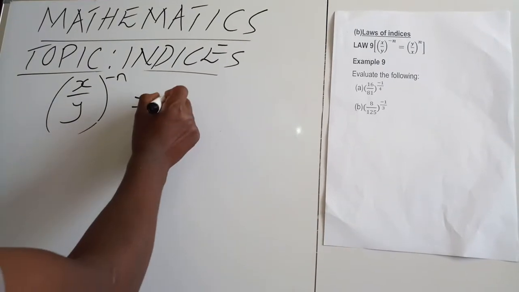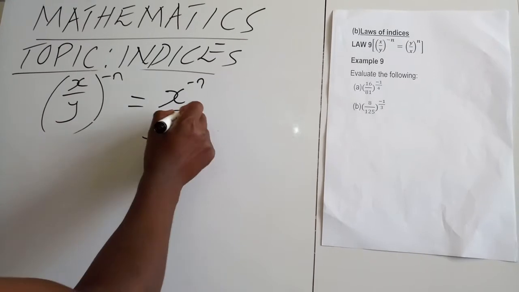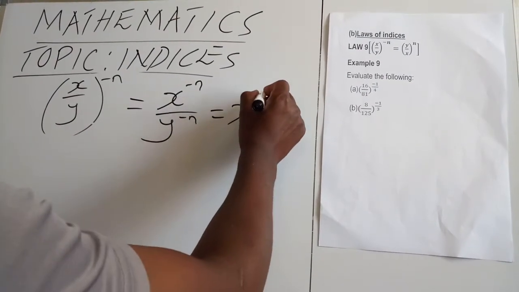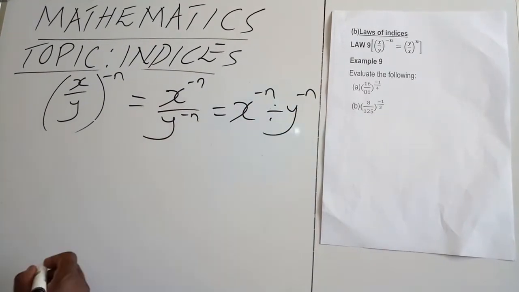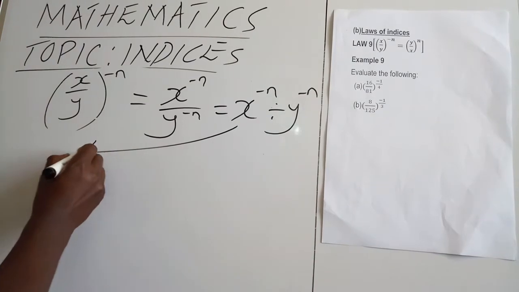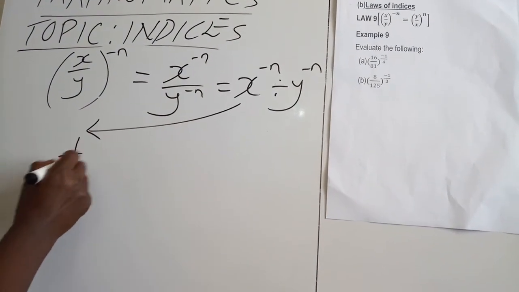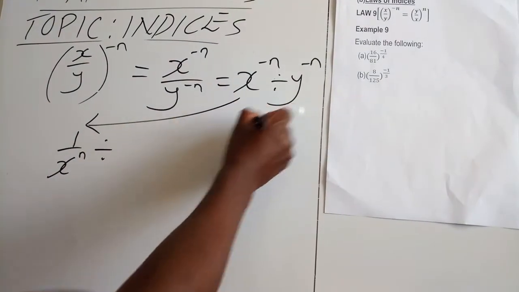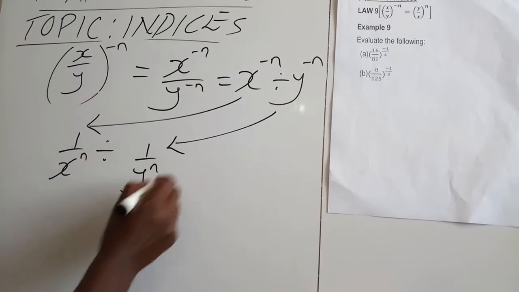So this will come to x power negative n over y power negative n, which is the same as x power negative n divided by y power negative n. Now focusing on this one here and applying the previous law, we shall have that being the same as 1 over x power n divided by 1 over y power n.